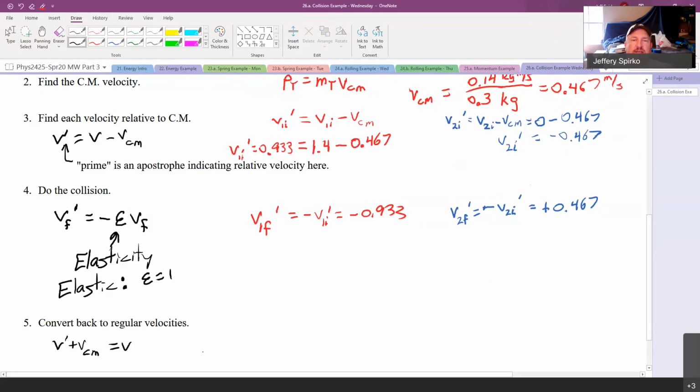So in order to use the primed velocity, we need to re-add the center of mass velocity. So we do it for object 1. v1 final is equal to v1 final prime plus v center of mass. So that is our negative 0.933 plus center of mass, which was 0.467.